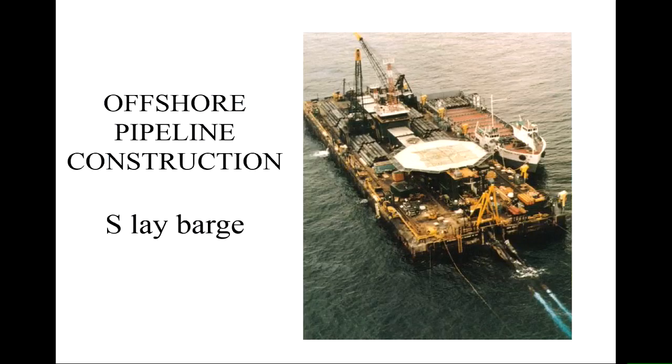So here's an S-lay barge. Here's the pipes disappearing out the back, and you can see this is a twin pipeline system, 2 pipes. Helicopter landing pad on the top. Ship delivering pipe segments on the side. Stacks and stacks of pipes. And then along the middle, there is all the welding and inspection and coating stations.